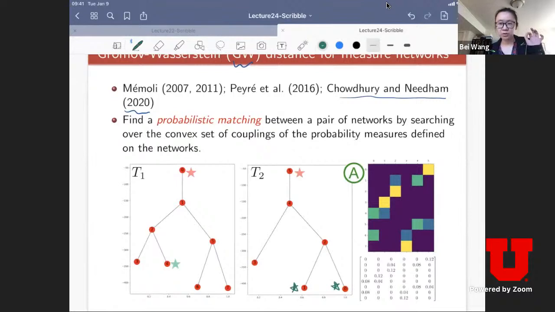The nodes are labeled from 0, so the left tree has nodes 0 to 7 and here we have nodes 0 to 5. So it's the size of the first tree cross the size of the second tree, and each entry corresponds to the matching between them.